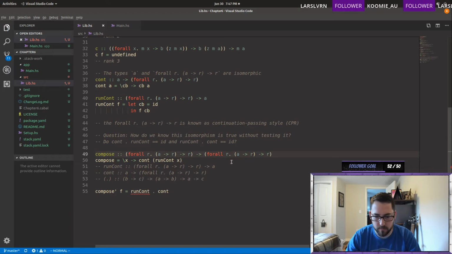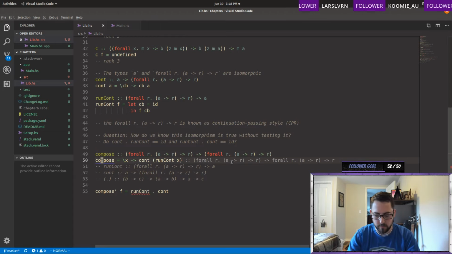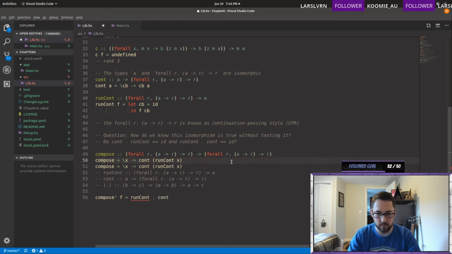Oh my goodness. Okay, maybe I was overthinking it, but I thought that this would just be A to A. But I guess not. So the real question is, can I get rid of this and just write it in dot syntax? And is it the same or not? Because it might not be.